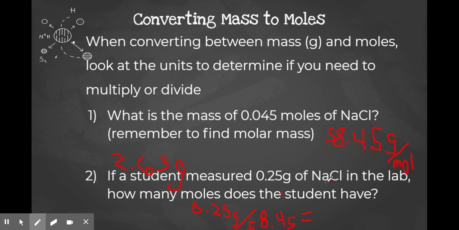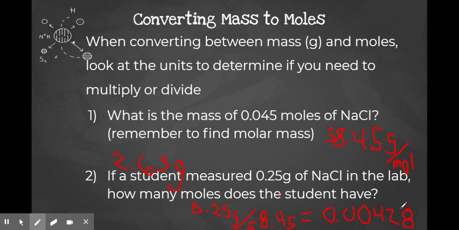This number is the same because we've got the same chemical, sodium chloride. So let's see, when I do this, 0.25 divided by 58.45, excuse me, I get 0.004228.